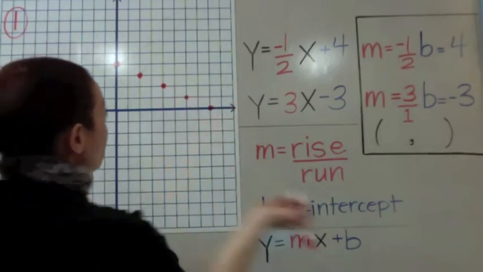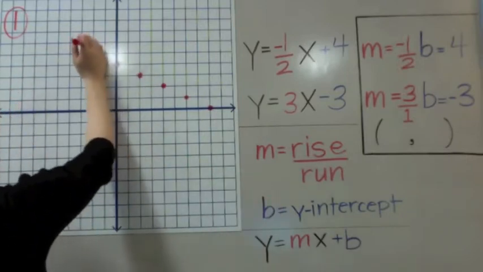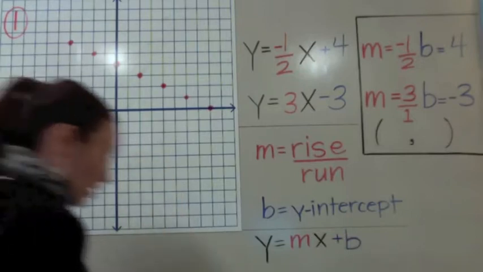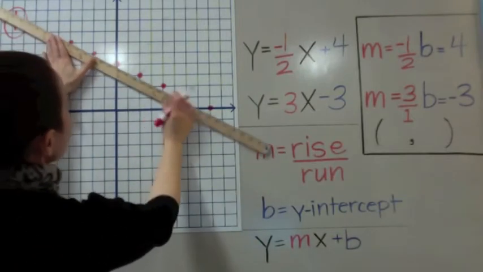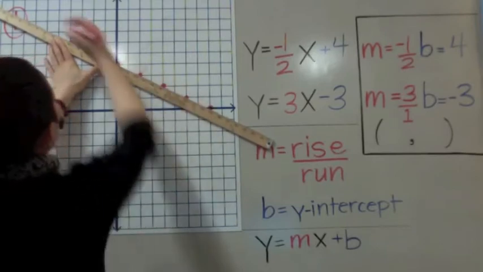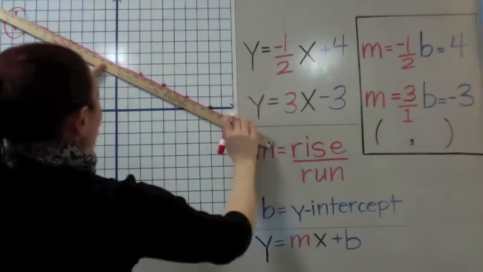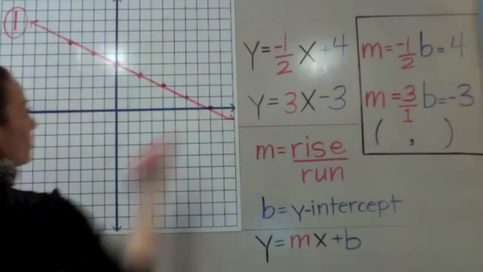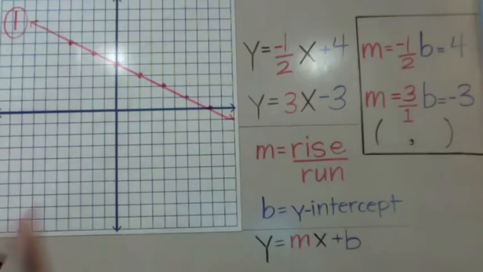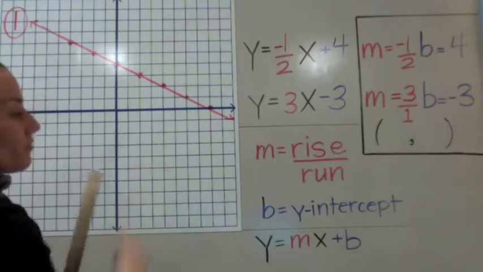If we wanted to go the other direction, we could go up 1 and over 2, and up 1 over 2. We could keep going on and on and on, because every point is going to be on this line. So let's make this line. And what we're trying to do is figure out which one of these points is going to intersect when the line crosses through. So we have to graph the second line.